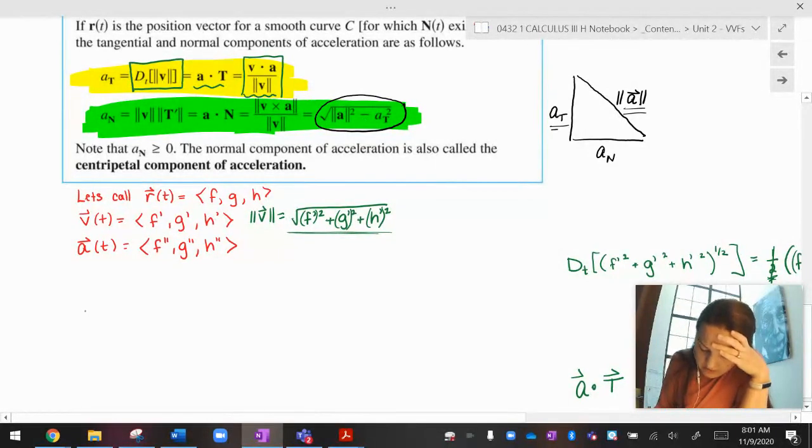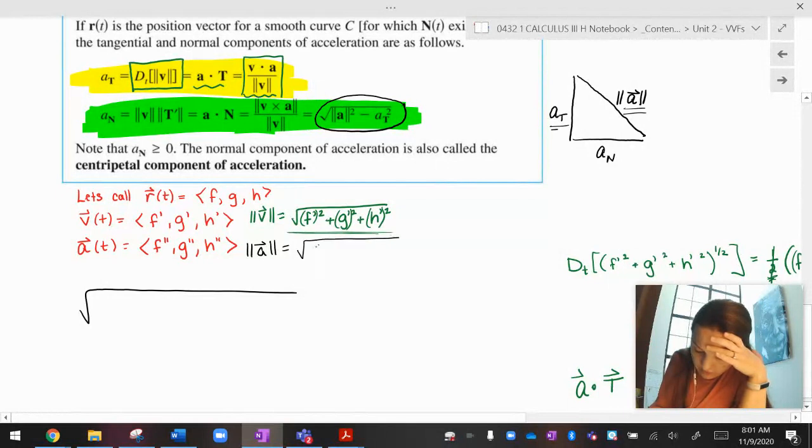we have the square root of the magnitude of A squared minus A sub t squared. Okay, well, the magnitude of A squared would be the magnitude of A but without the square root, and that was f double prime squared plus g double prime squared plus h double prime squared.